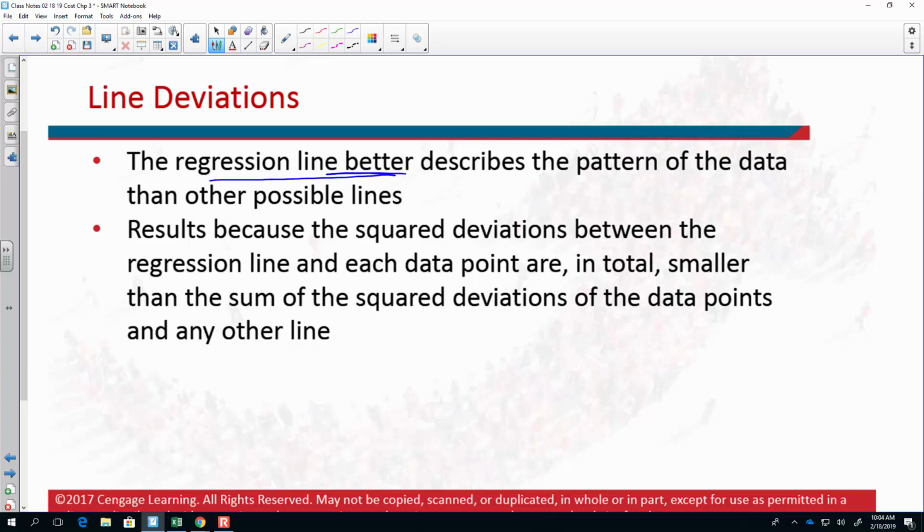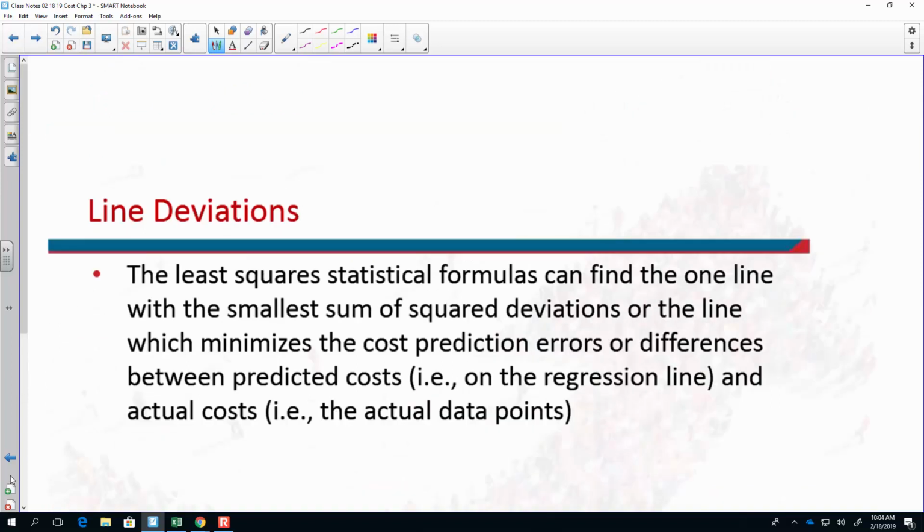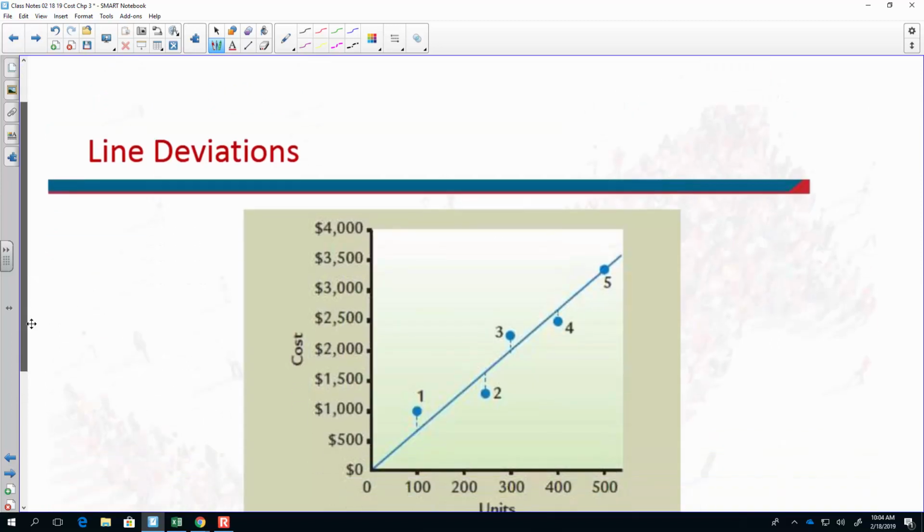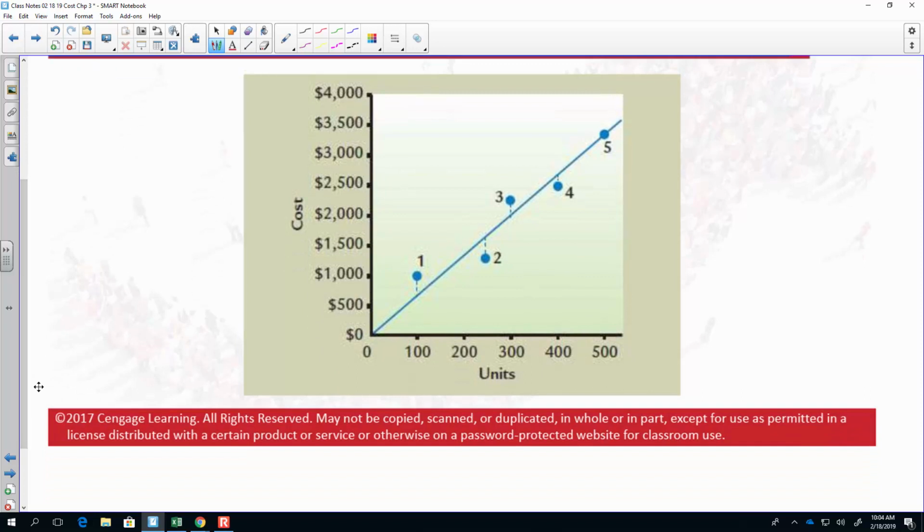It talks about this result. These line deviations are squared, and what they're trying to show is this. What is happening in Excel behind the scenes is that it's trying to fit this line so the distance is the shortest possible for all points.